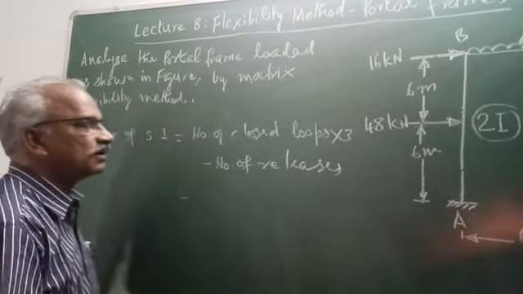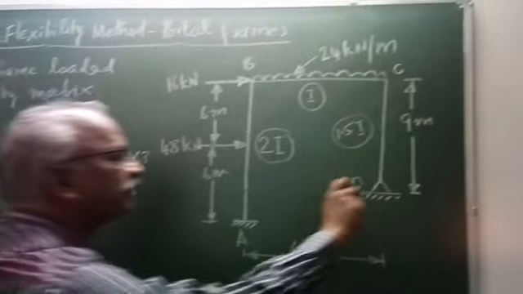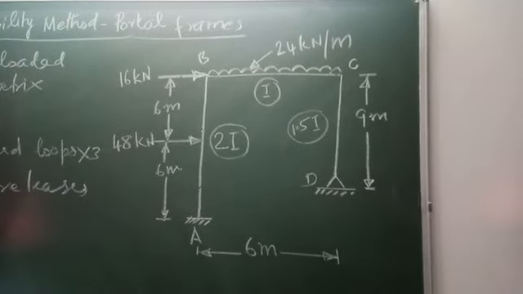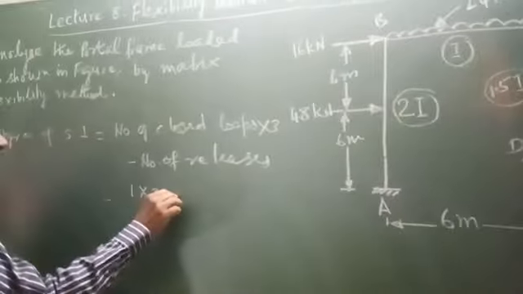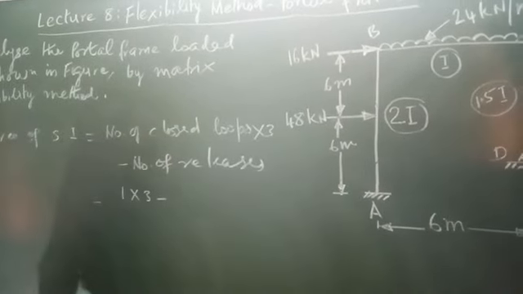That is equal to, this is one loop, number of closed loops is 1, into 3 minus number of releases.